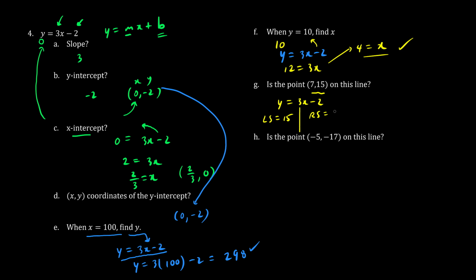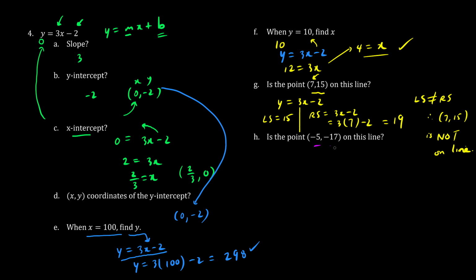Right side is equal to 3x minus 2, which is equal to 3 times x, which in this case is 7, minus 2, which is 21 minus 2 is 19. Left side does not equal right side. So therefore, the point 7, 15 is not on the line. If it was, left side would equal right side.